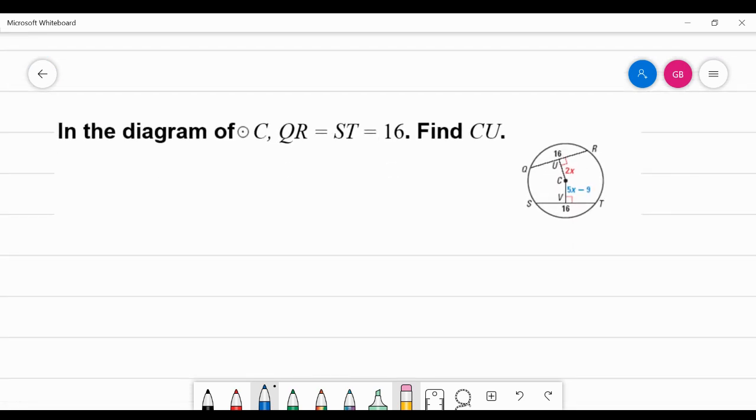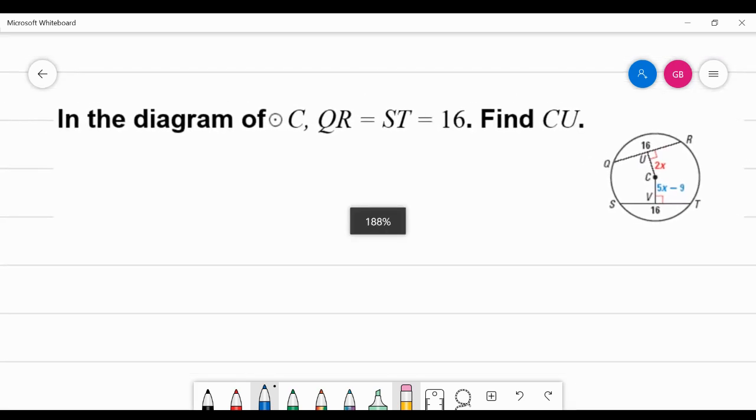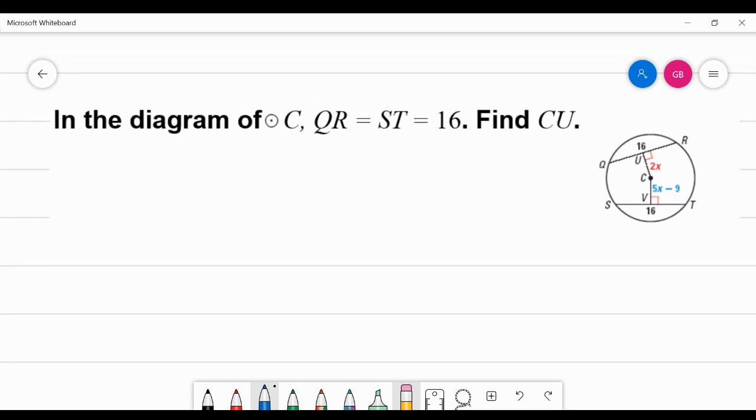In the diagram of circle C, QR is equal to ST, which is equal to 16. We want to find the value of CU. Okay, for this problem, if we have two congruent chords, then that means that they're equidistant to the center.